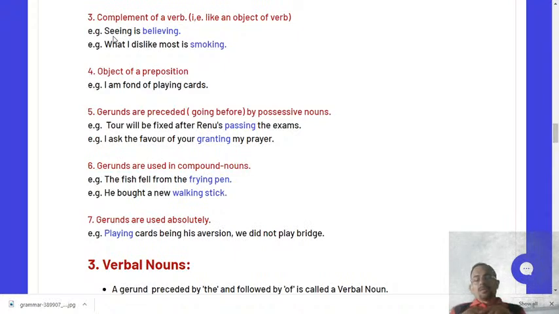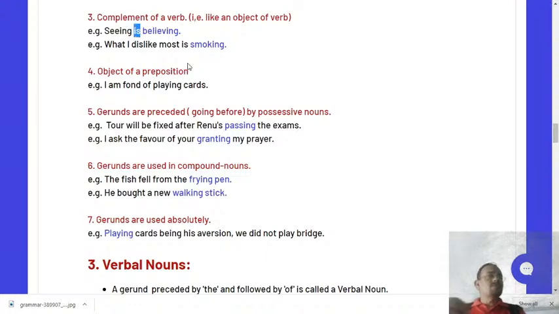Okay, so dear students, always remember that if any word goes after the helping verbs, or you can say be verbs to be very precise and correct, then that particular word becomes the complement of the verb. For example, you can see here, believing is the word which is a gerund here and which has gone after the be verb.